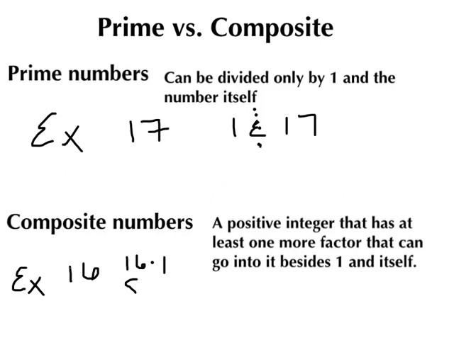There is 8 times 2. And right now, because there's that extra factor right there, this is a composite number. And there's also 4 times 4. So this number has 3 sets of factors: 16 times 1, 8 times 2, and 4 times 4. As long as it has one more than the original, that's 16 times 1, then it's a composite number.